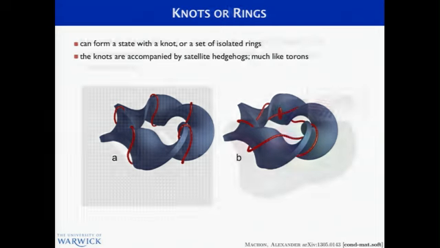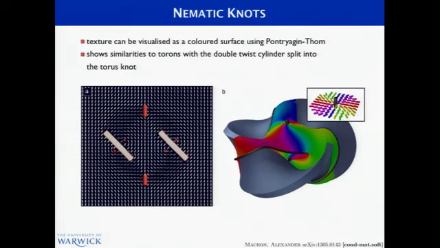And I think I'm going to skip this slide and go on to the last one and just say, here's a reconstruction of the entire texture, not just where the defect is, but also the entire topological content of the texture in these systems, using this colored surface approach that I talked about in the first half. So we have, I guess, a threefold Möbius strip with a trefoil knot around it.